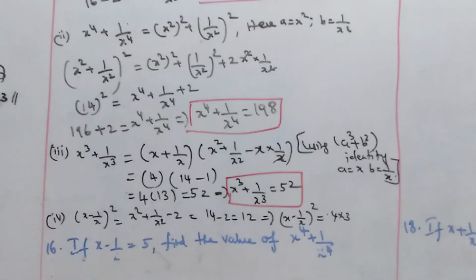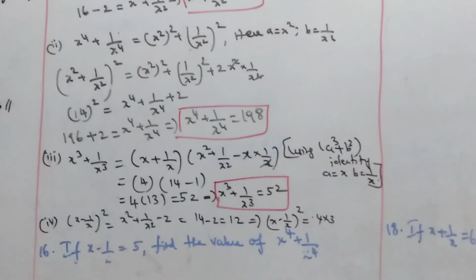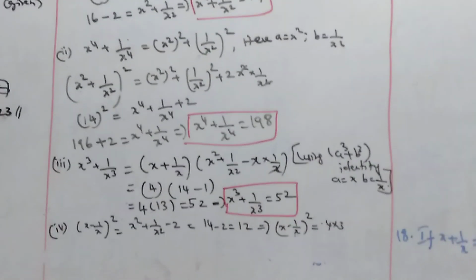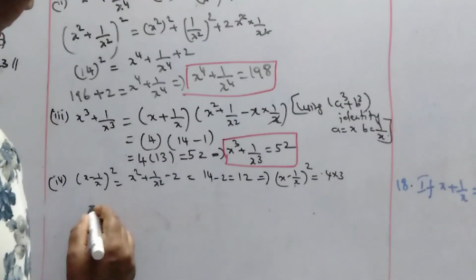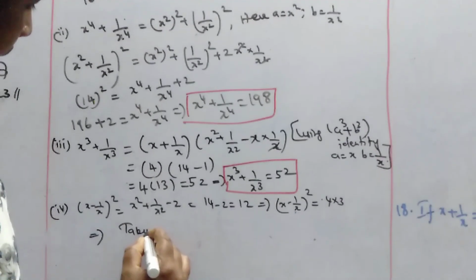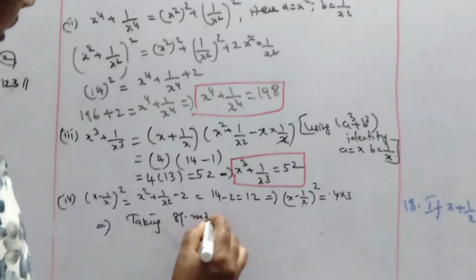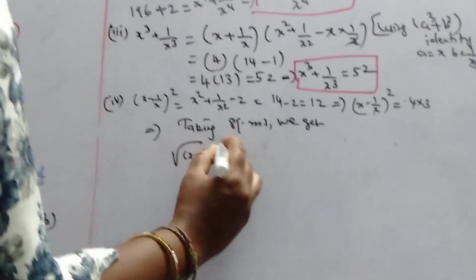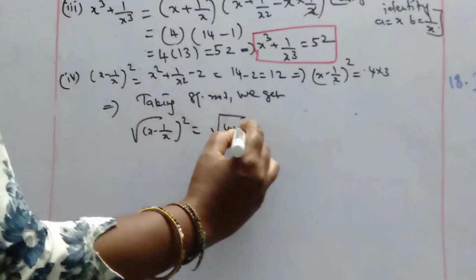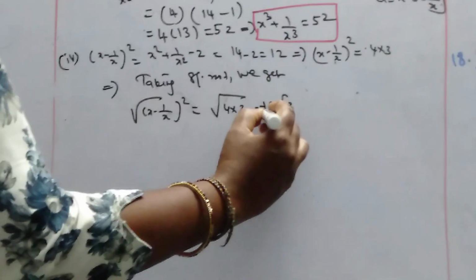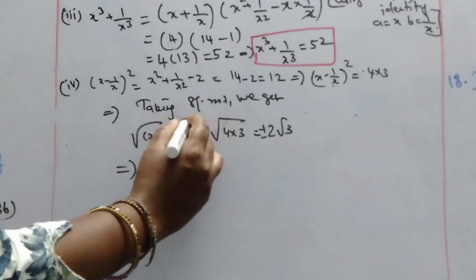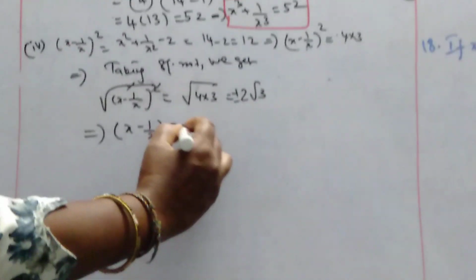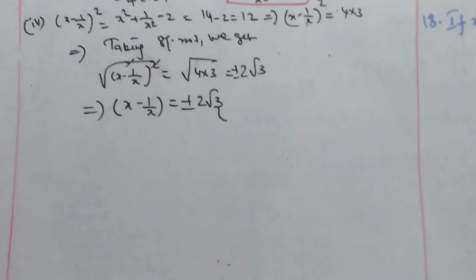Then taking square root, we get root of x minus 1 by x the whole square equals root of 4 into 3, which is equal to plus or minus 2 root 3. So this root and square will get cancelled. X minus 1 by x solution is plus or minus 2 root 3.